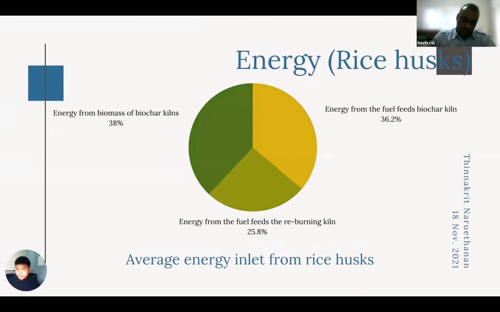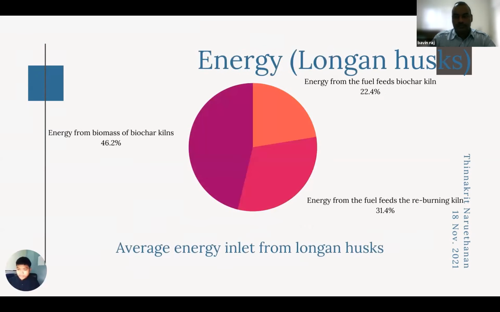Next, rice husk, 38%, and 36.2%, and 25.8% respectively. And the last for inlet energy, mountain husk, 46.2%, 22.4%, and 31.4% respectively.